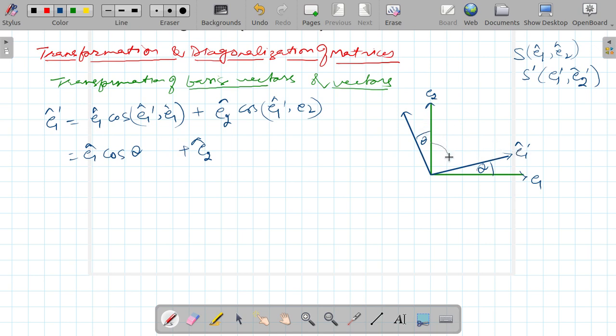The angle between E1 prime and E1 is theta, so it becomes E1 cos theta. And for E2, the angle between E1 prime and E2 is 90 minus theta, so I have to write cos of 90 minus theta.